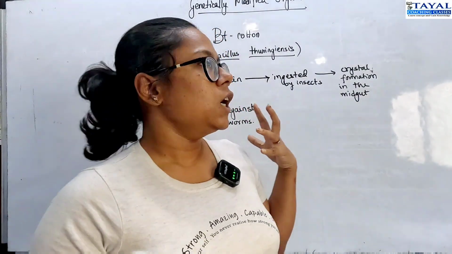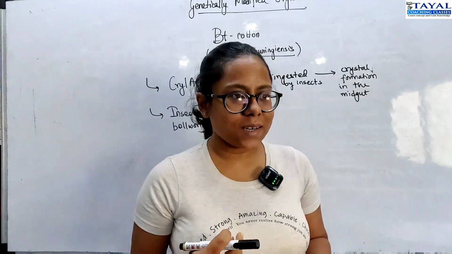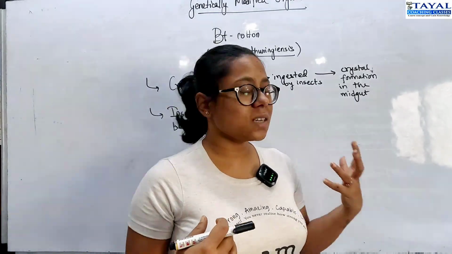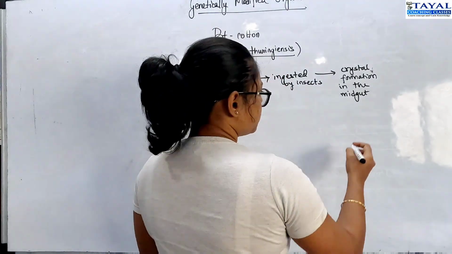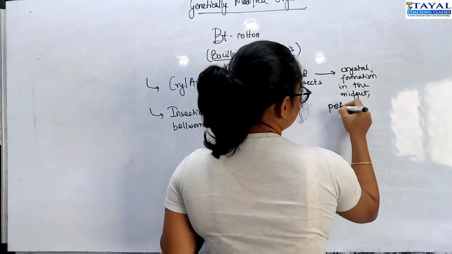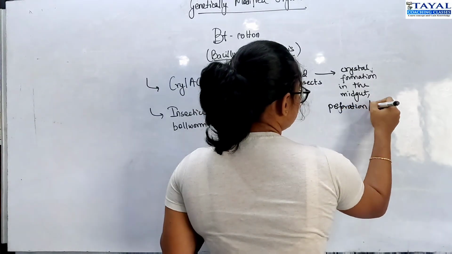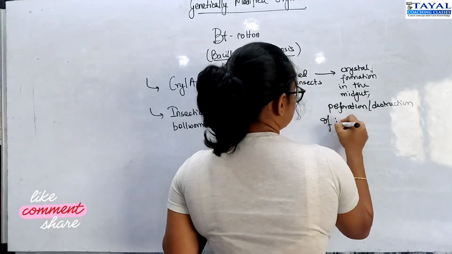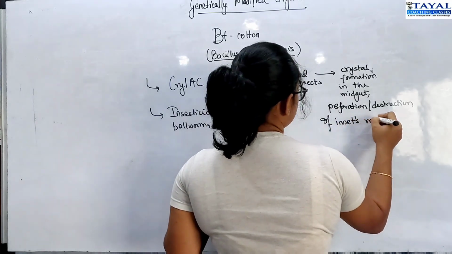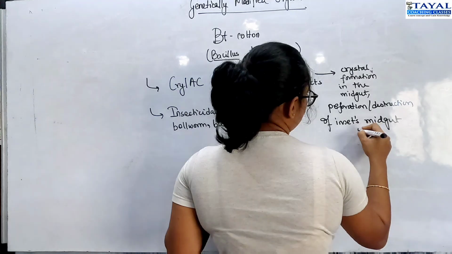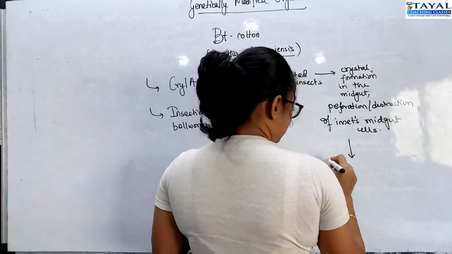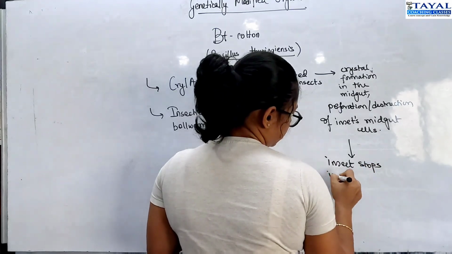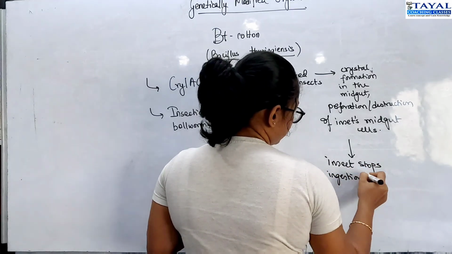This protein causes formation of crystals, so it interacts with the enzymes of the midgut of the insect, and it forms crystals which causes perforation or destruction of insects' midgut cells. As a result, the insect stops ingestion, or alternatively, it dies.